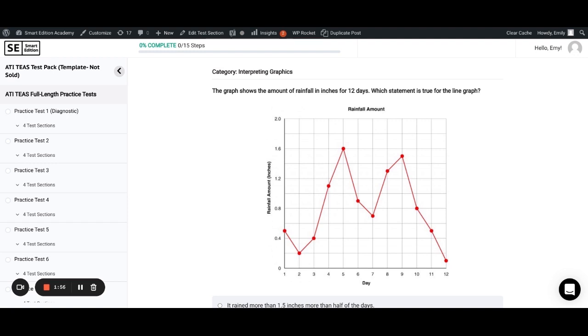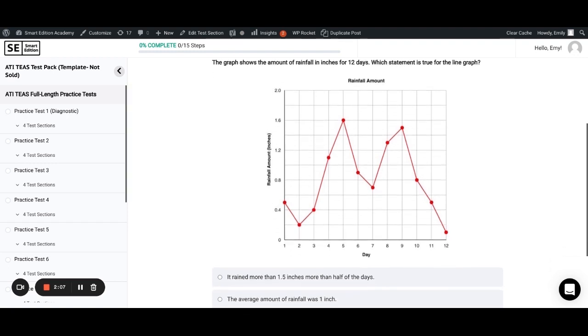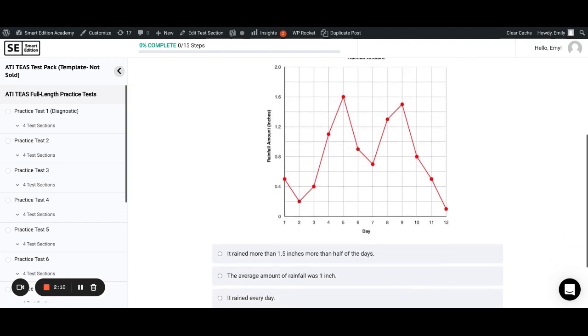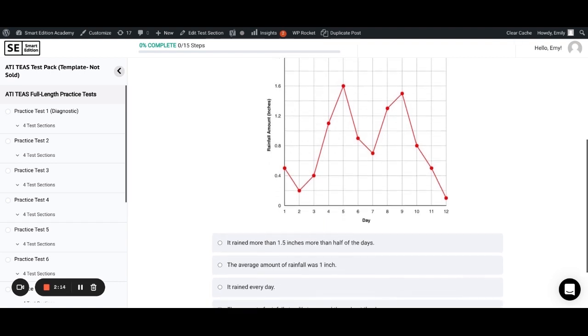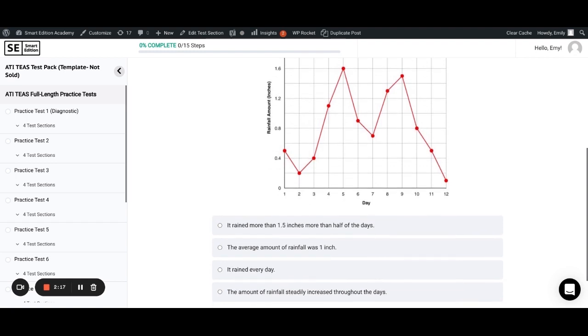The graph shows the amount of rainfall in inches for 12 days. Which statement is true for the line graph? Okay, so what I'm going to do is move it down here so you guys can see all 4 options. Is it A, it rained more than 1.5 inches more than half of the days? B, the average amount of rainfall was 1 inch. C, it rained every day.